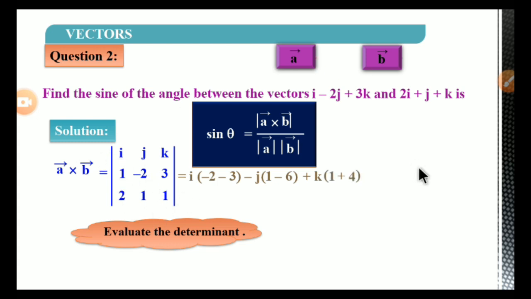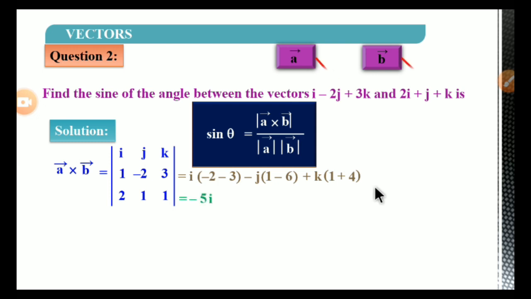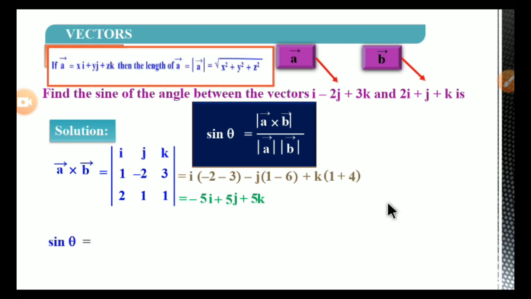This becomes 1 plus 4. Now after the simplification, minus 5i, and minus 5 into minus means this becomes plus 5j, and next plus 5k. So this is the answer of A cross B. But here we have to find out the sine of the angle between the vectors, so we can find out sine theta, that is equal to magnitude of A cross B.